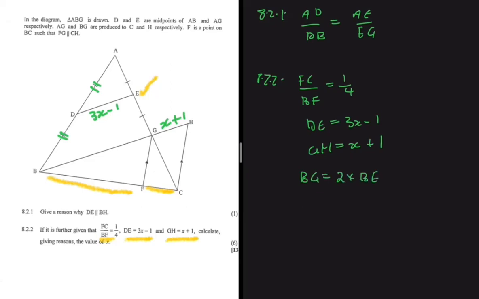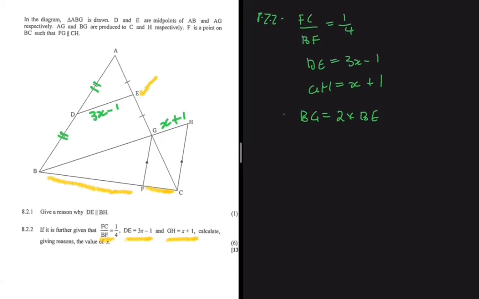DE will only cut AB and AG such that AD is equal to DB if DE is half of BG, or if BG is twice BE, right? So the reason we can give here for this statement is that AD is equal to DB. This statement is only true if AD is equal to DB. So if we say that, you will realize real quick that BG now becomes 2 multiplied by 3x minus 1, right?